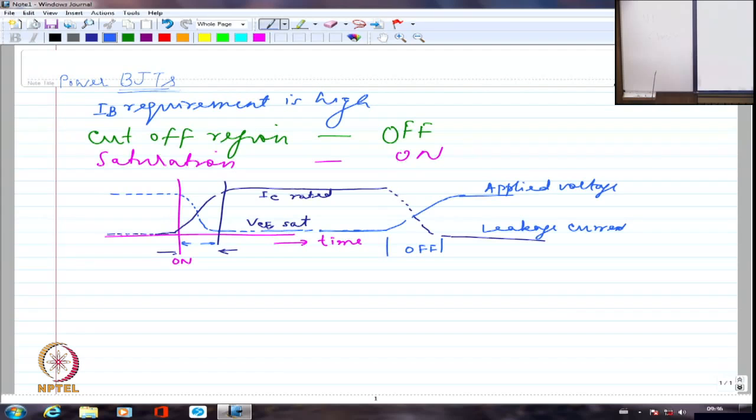Ideally, we assume during on condition, the voltage is 0. If it is 0, obviously power loss will be 0, which is not so. That's why I'm saying that we always deviate from the ideal required characteristics. We never achieve the ideal characteristics.